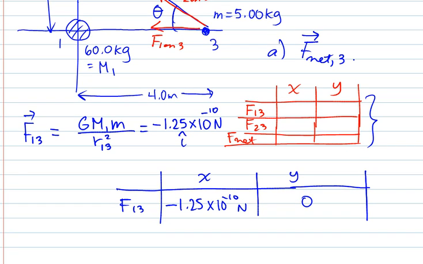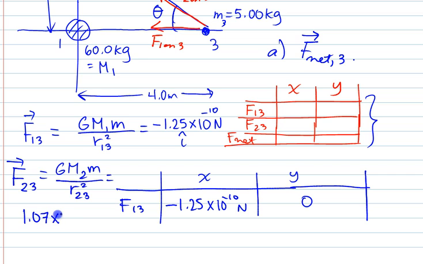Now we do something similar for the force of 2 acting on 3, and that's G m2 m3 over r23 squared, and that's going to get us about 1.07 times 10 to the negative 10th newtons.